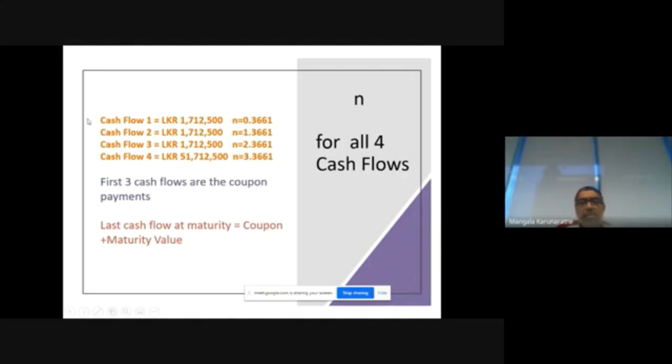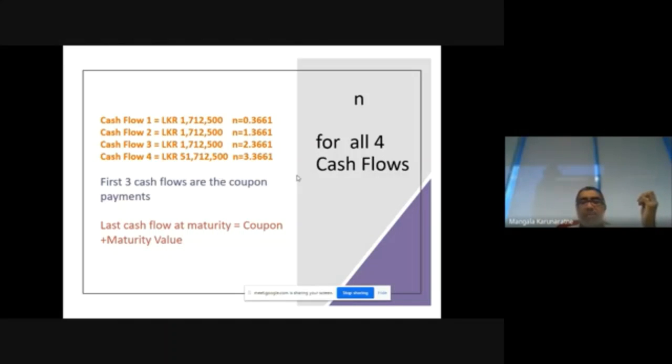Now when I take these again, these are the 4 cash flows we are worried about, the cash flows we need for our calculation, right? We are not bothered about the paid ones, because this bond is a 6-year bond, and altogether it has 12 coupon payments, or 12 cash flows. 6 into 2 is 12, right?